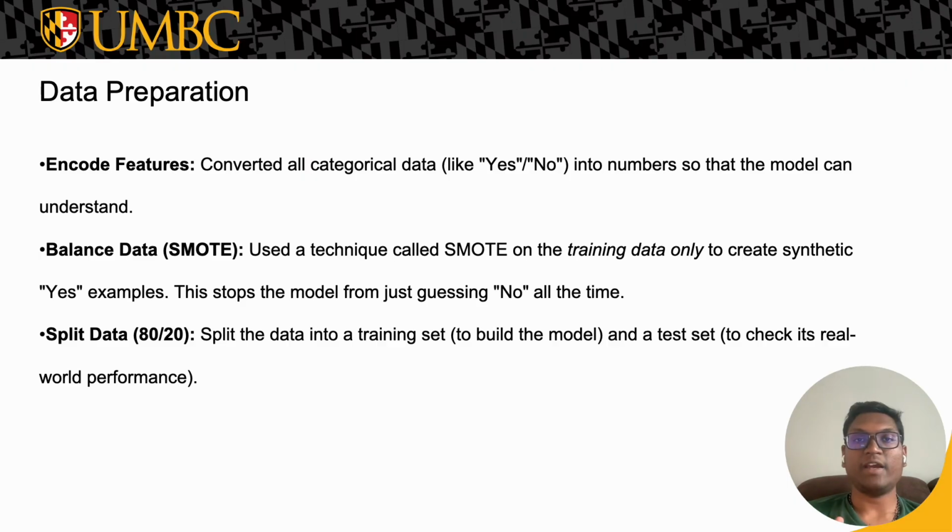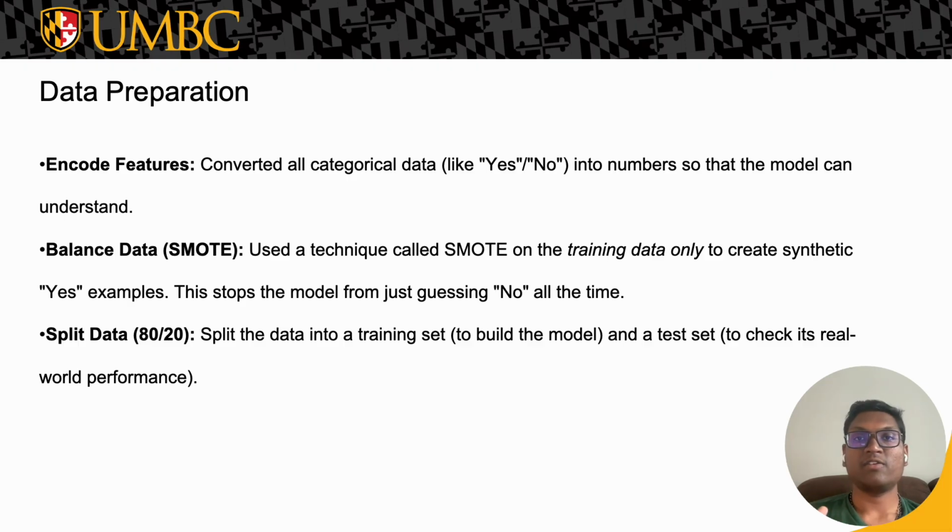Based on the EDA, here is the data preparation process I followed. I converted all categorical data like yes or no or contract types into numbers so that the machine learning model can understand them. I use the SMOTE technique on the training data only.